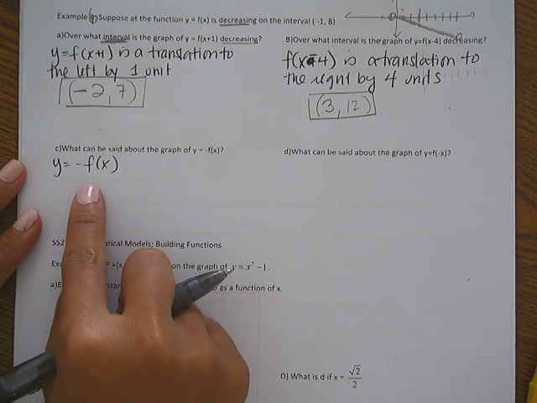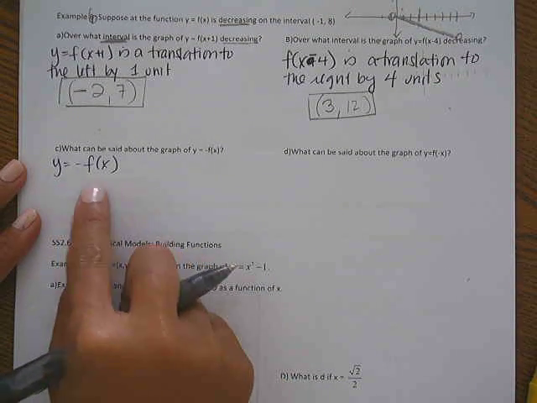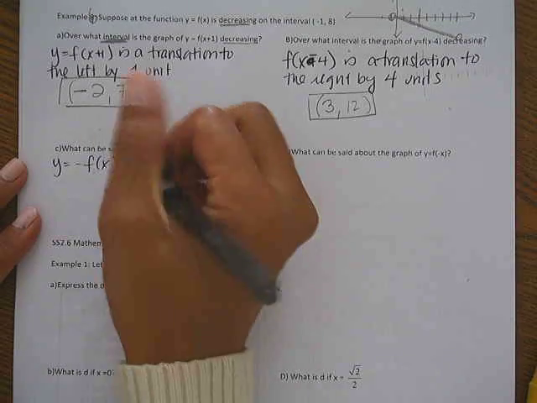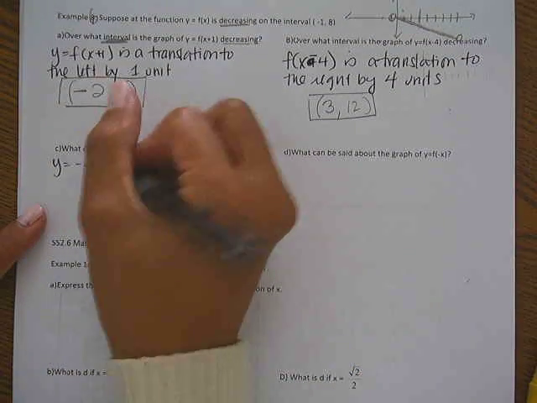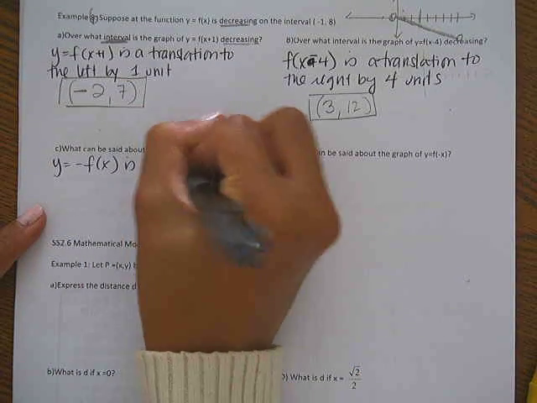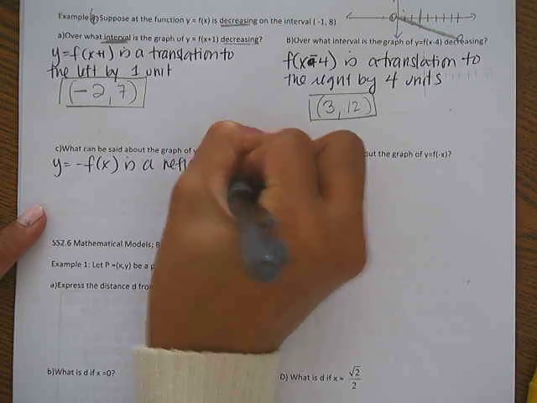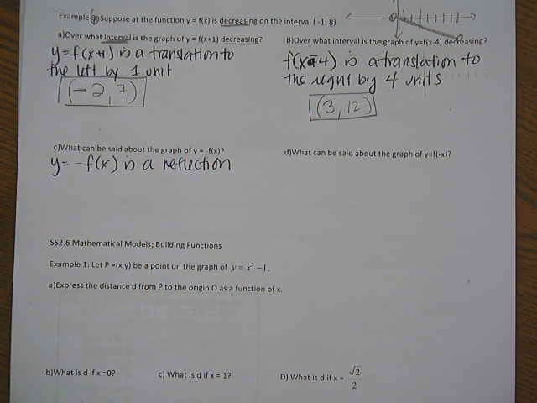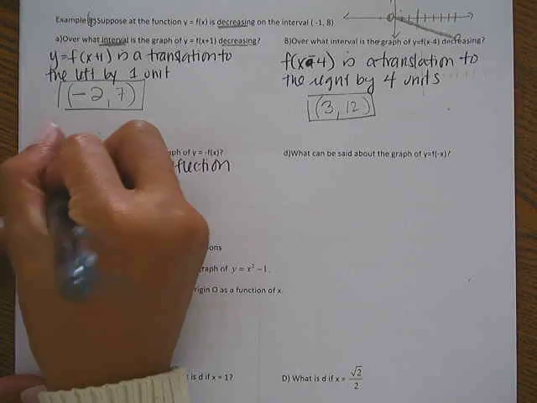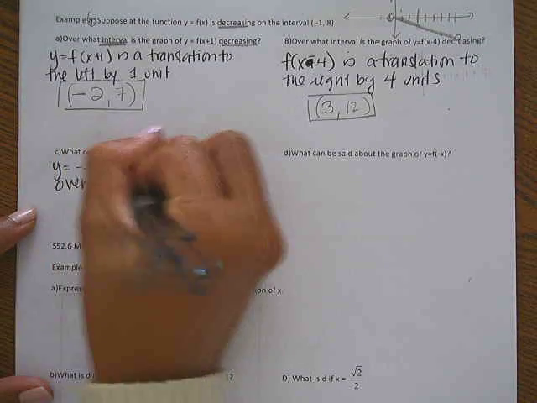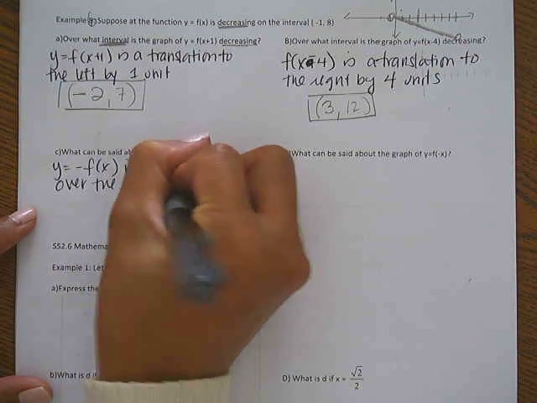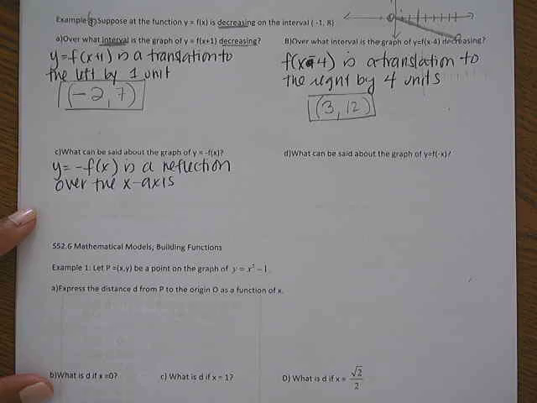This question is asking you, what is it now if I do this transformation? Y equals negative f of x is a reflection. I'm going to wait, and then you can write down reflection over what? Over the x-axis.